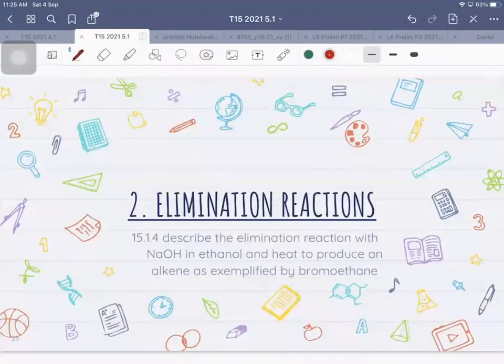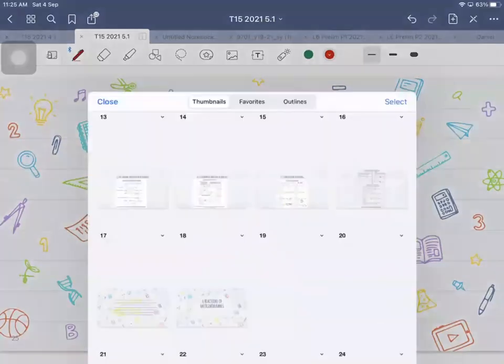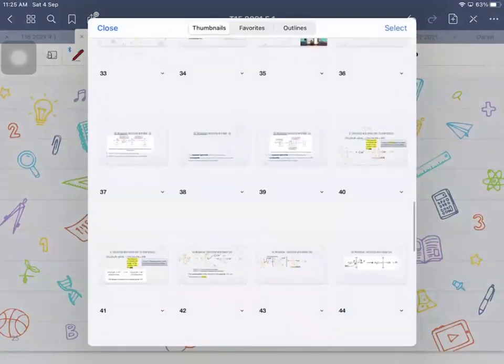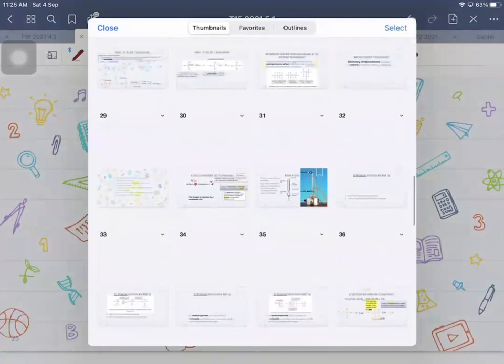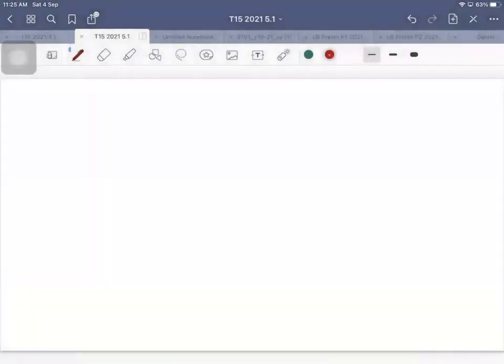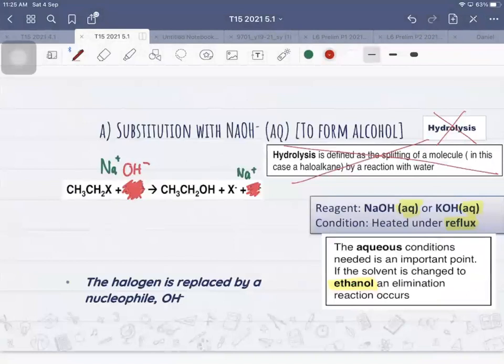So next we move on to the last section of this topic, which is elimination reactions. Elimination reaction is when you use sodium hydroxide in ethanol. Now, if you remember, there is one reaction of halogenoalkanes with sodium hydroxide as well, but that one is a nucleophilic substitution. Substitution reaction with sodium hydroxide is when you use aqueous as your solvent.